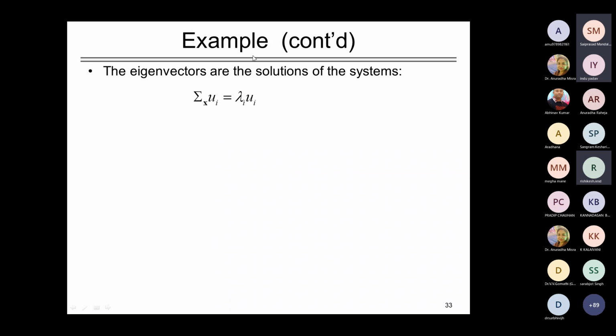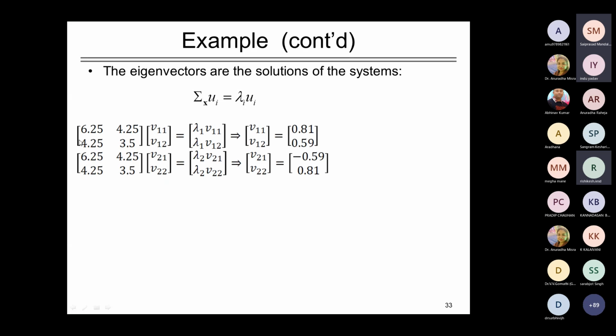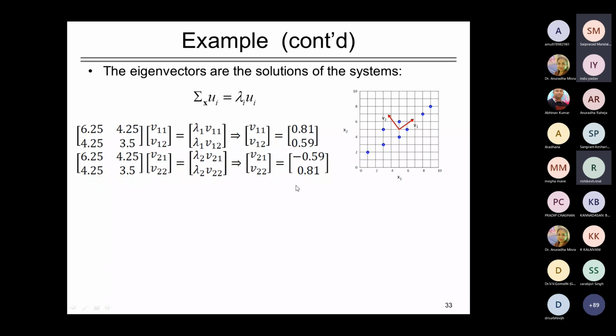The eigenvectors are the solutions of the system Sigma x u_i equal to lambda_i u_i. So we can write it like this, with nu 1 1, nu 1 2. So lambda 1 nu 1 1, lambda 1 nu 2 2 is equal to this value, and these will be the values.